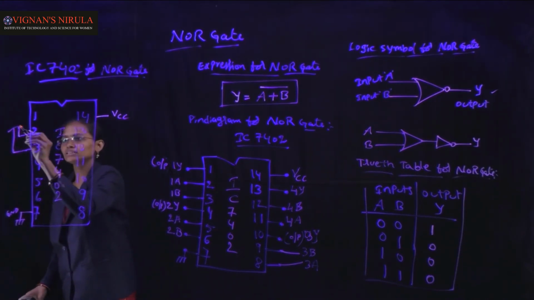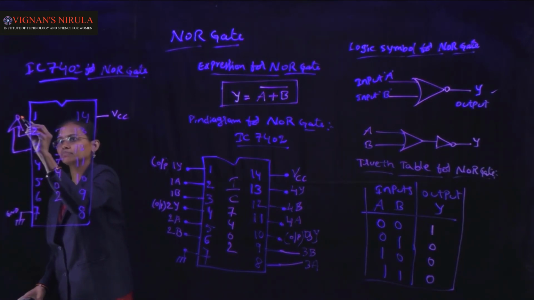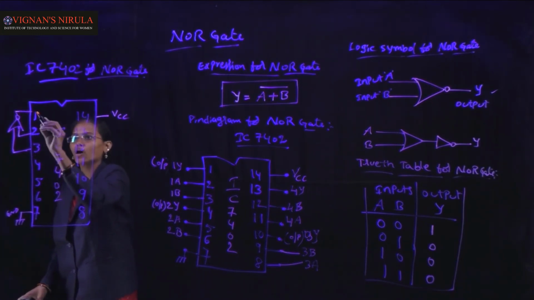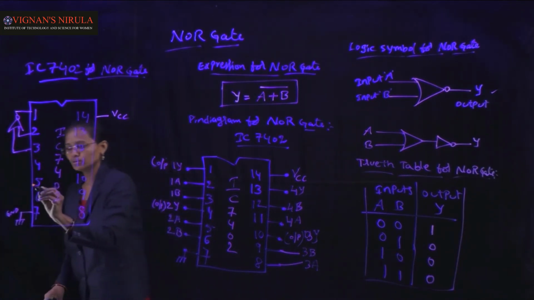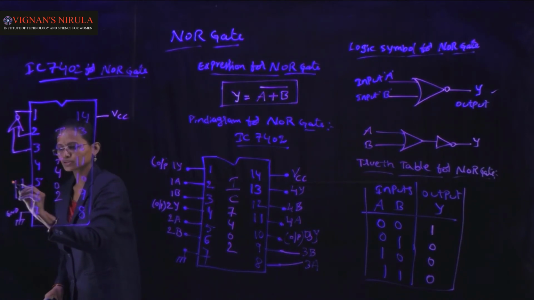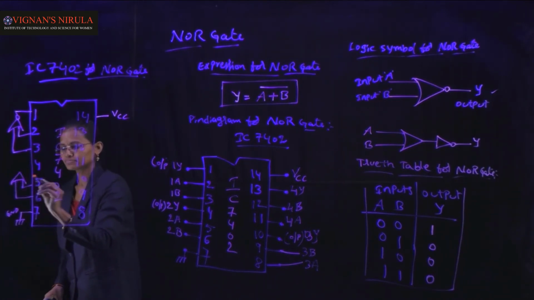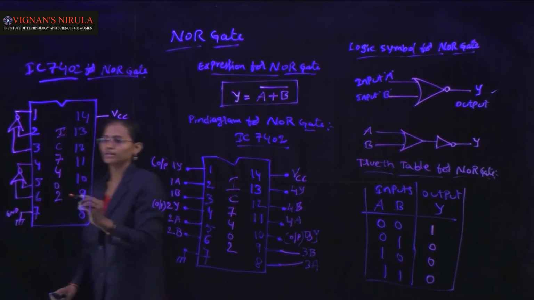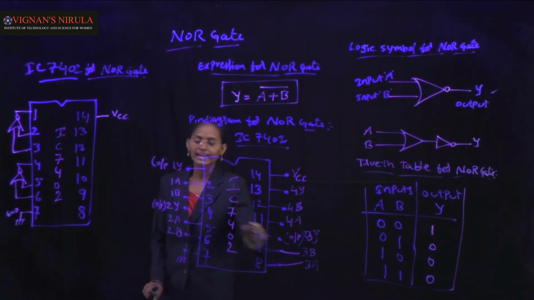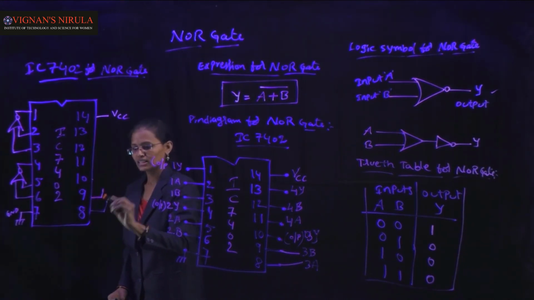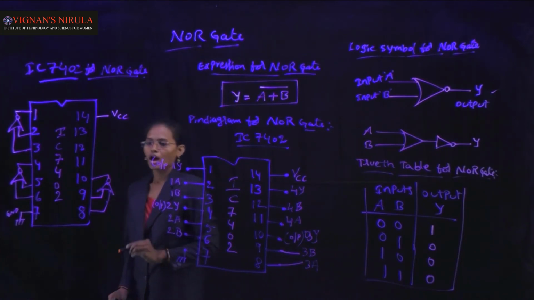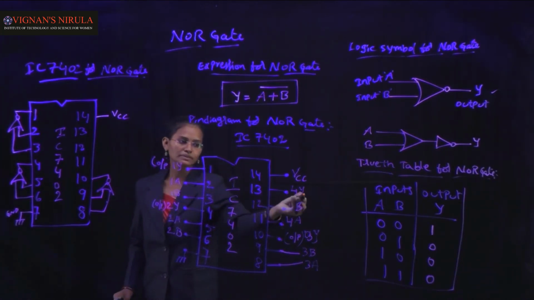NOR gate symbol is, first you draw the NOR gate symbol, and this is the one output. Okay, and next fourth pin is output. So 5 and 6 are the inputs to the NOR gate, and this fourth pin is the output, and next 10th pin is the output, and 8th and 9th are the inputs to the NOR gate, and 10th pin is the output, and next 13th pin is the output.